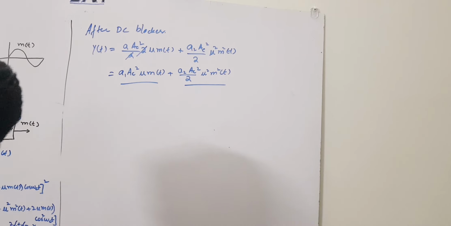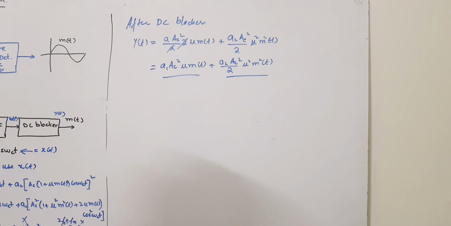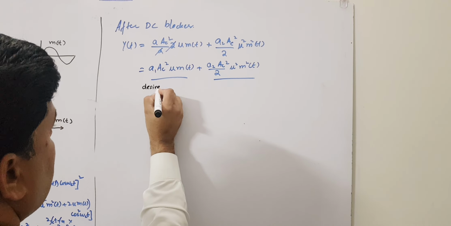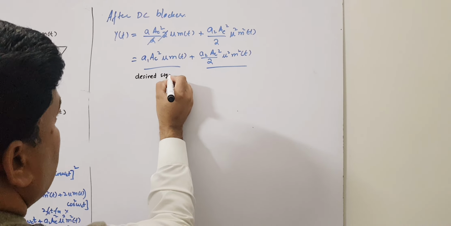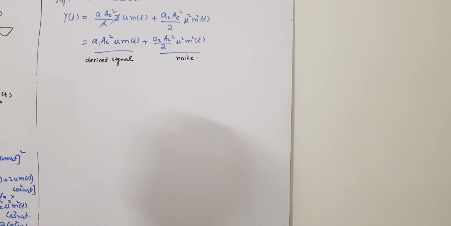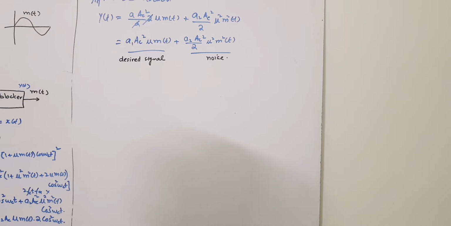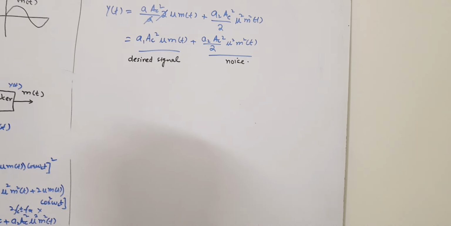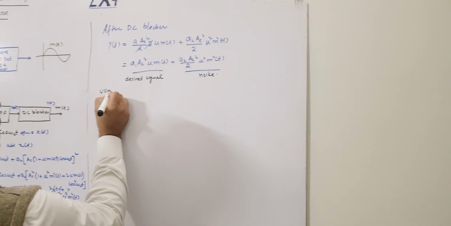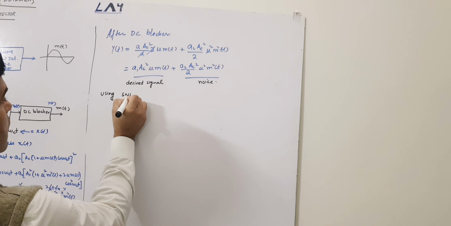So we have two signals at the output. The first one is the desired signal, and the second one is noise. So that is the distortion. So usually there is always noise, and you can minimize the noise using the signal to noise ratio.